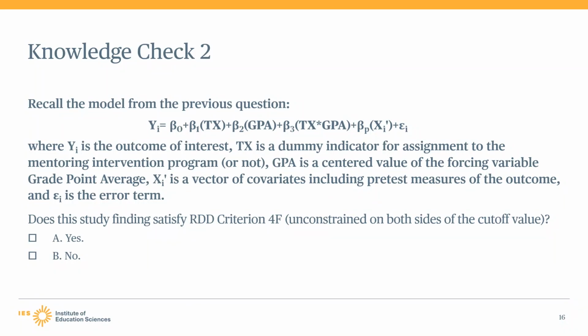Does this study finding satisfy RDD standard 4F, unconstrained on both sides of cutoff? Your choices are A, yes, or B, no. You may want to pause the video now to think about your answer.